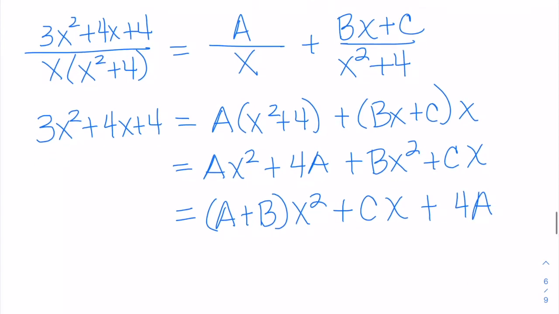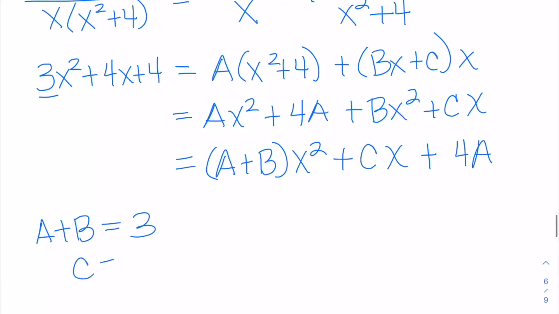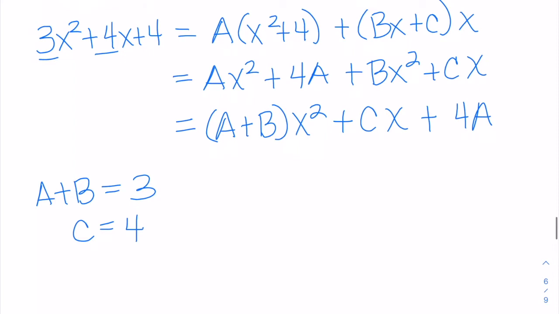So when we write the equations to match them up, we know that a plus b has to equal 3. That's the coefficient in front of x squared. We know that c has to equal 4. And then 4a equals 4, so a must equal 1.